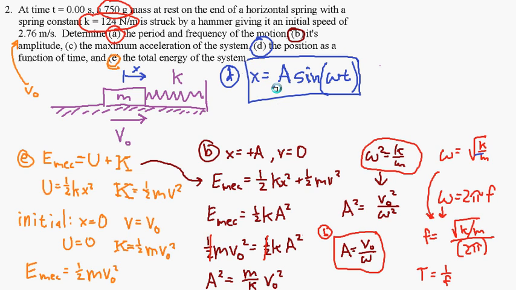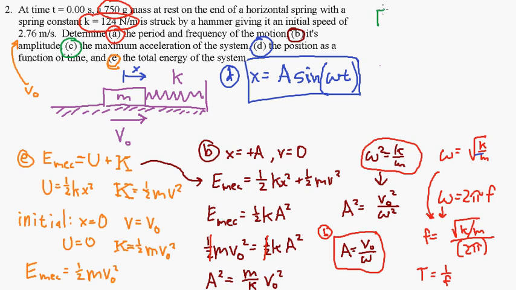So, part C now, maximum acceleration of the system. Now there are two ways to do this. One is to go with calculus and just take two derivatives of x and then get to a equals omega squared, whatever. The other way to do it is to just look at it: it's going to be undergoing its maximum acceleration when the position is the furthest distance from equilibrium.